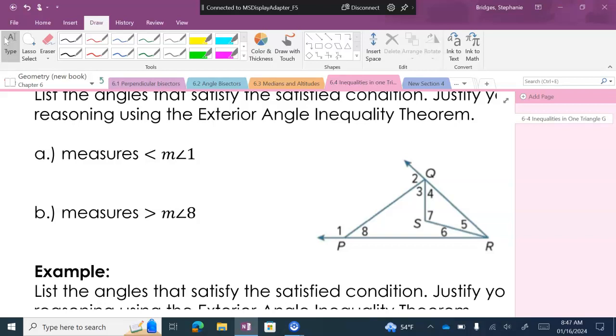So the angles that satisfy this, the ones that are smaller than angle 1, would be angle 3, angle 4, angle 5, and angle 6. Okay. That's just because 3 plus 4 gives me one of my remote interior angles, and 5 plus 6 gives me my other one.